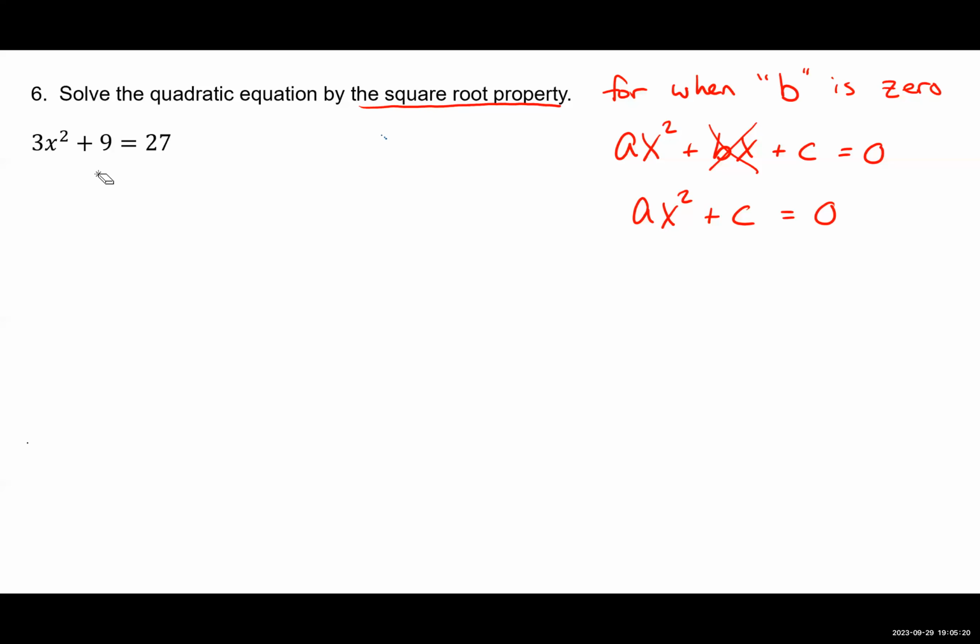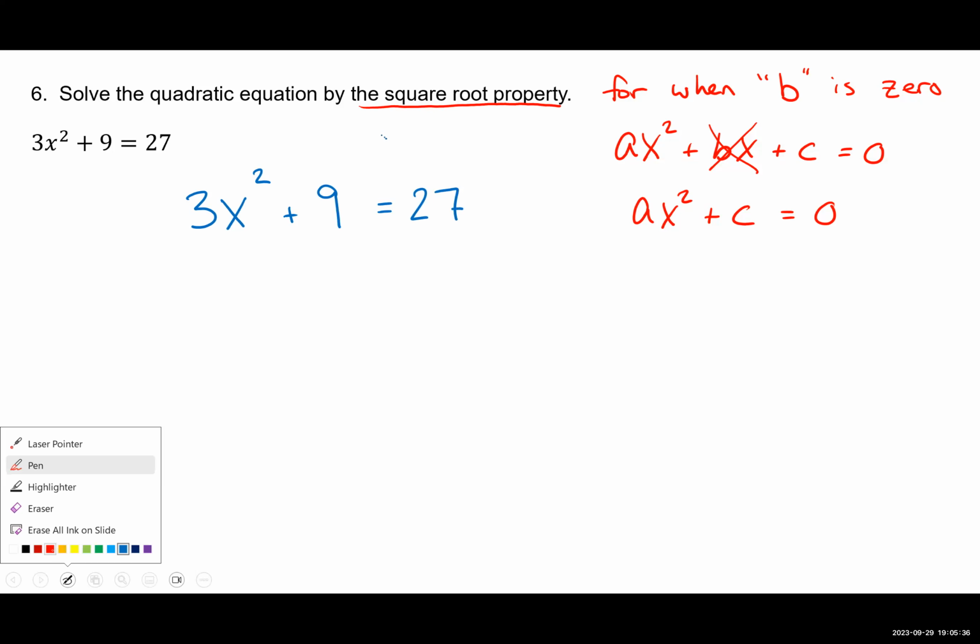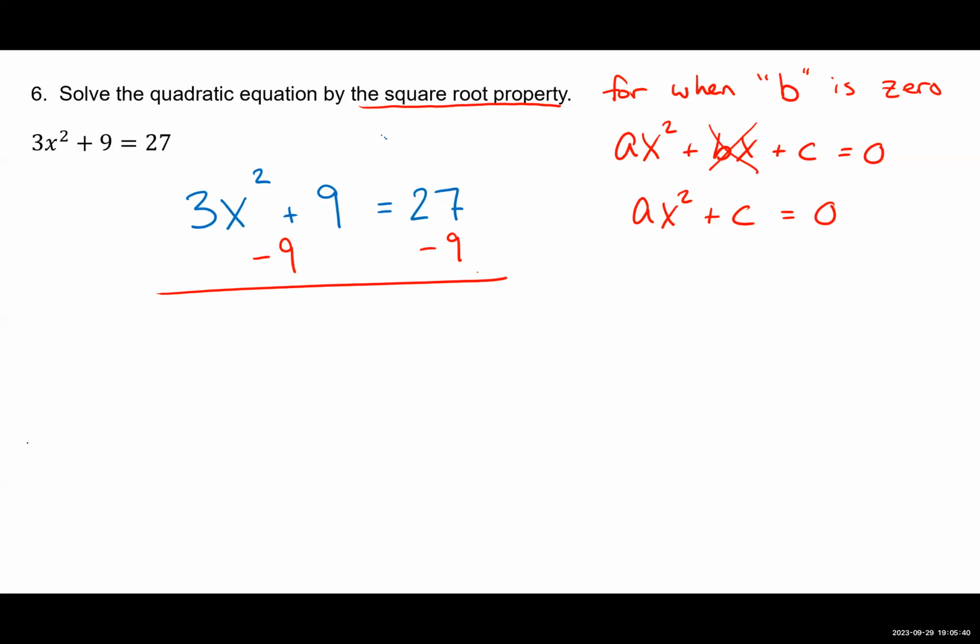We can subtract 9 from both sides. So let me write this a little bit bigger and more centered. 3x to the second power plus 9 is equal to 27. So we can minus 9 minus 9. Okay. So the 9's cancel.